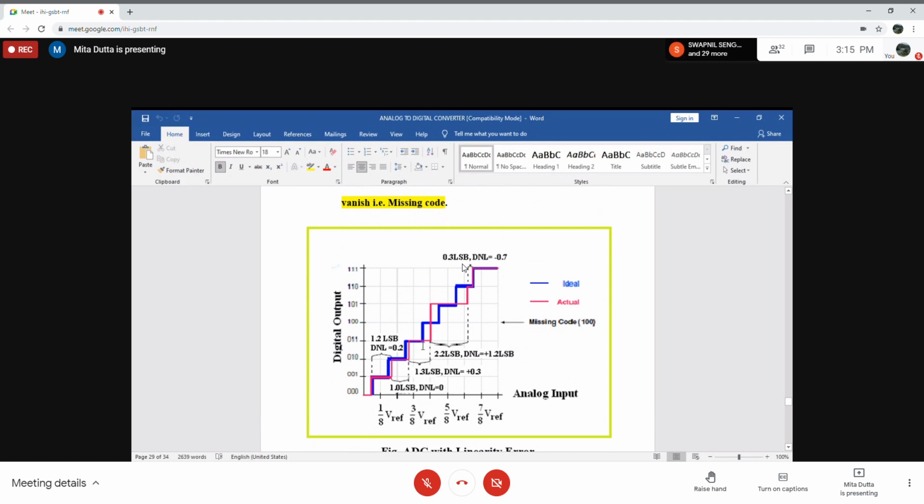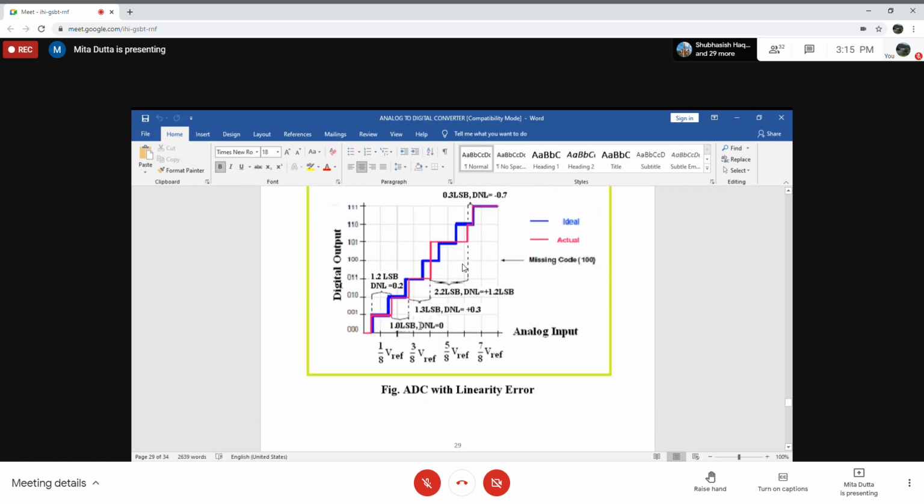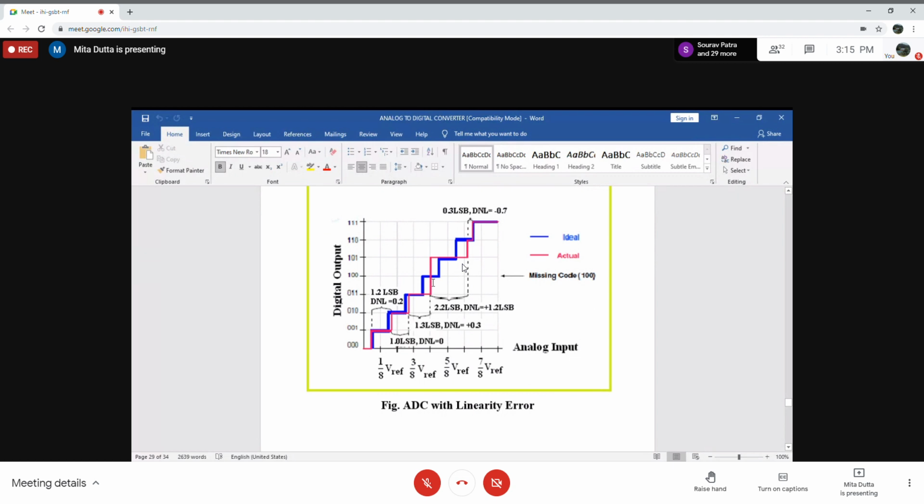Now, if the variation in the code width, or the quantization step, is such a bigger amount, we will miss the code. See here from 011 to 101. Here the quantization step is equivalent to 2.2 LSB for the actual case.